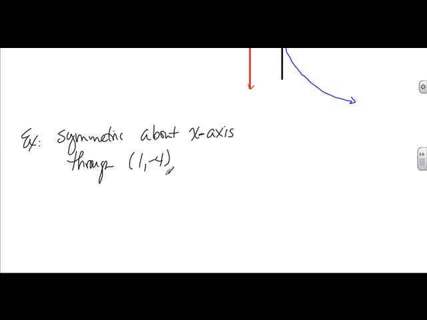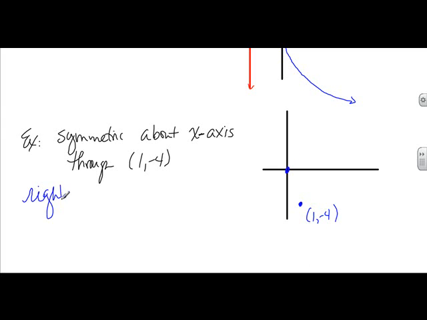Now I'm going to think about where 1, negative 4 is. It would have to be somewhere about right there. And if that point's going to be on our parabola, and the parabola has a vertex at the origin, we've got to have a parabola that opens to the right. So our basic equation is going to be y squared equals 4p times x.